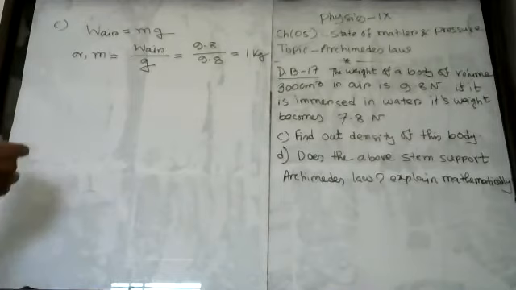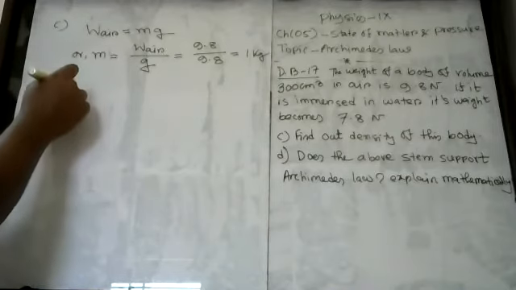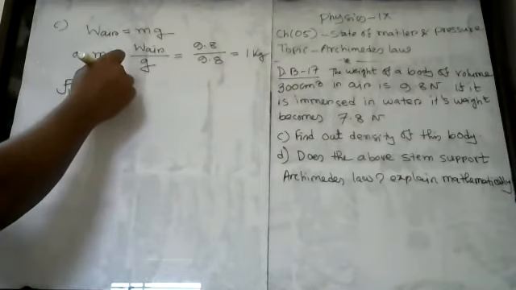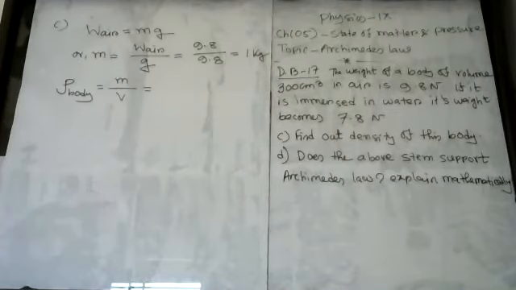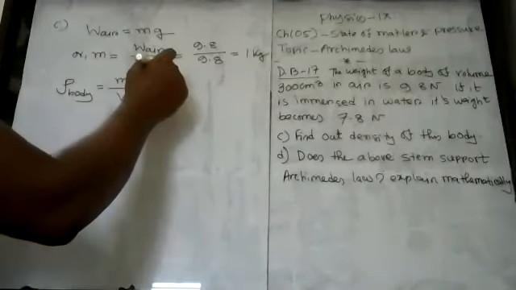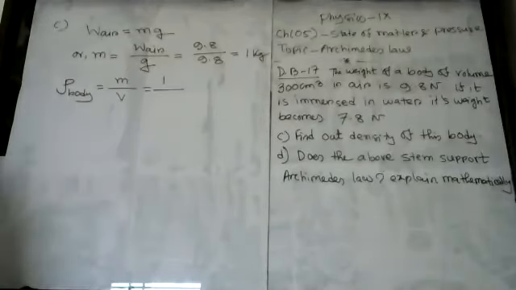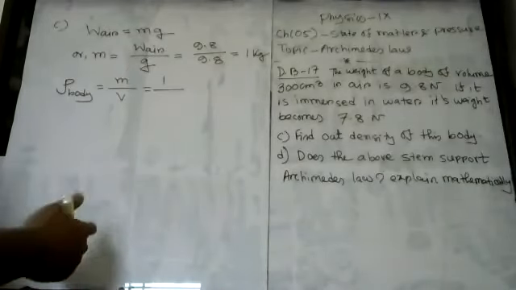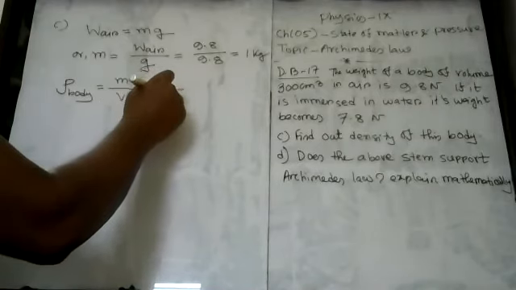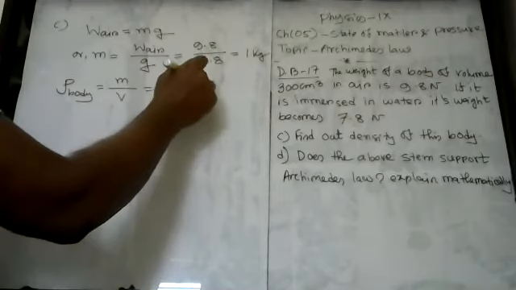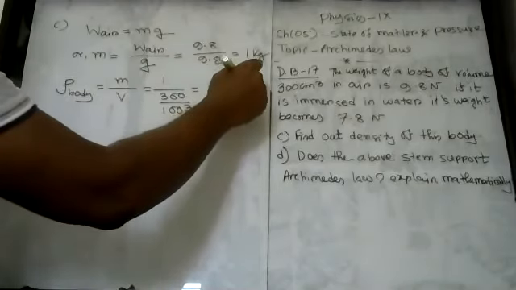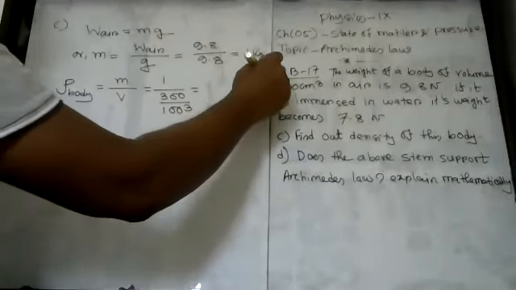Now, my dear students, the density of the body. Density equals mass per unit volume. The given mass is 1 kg, and the volume is 300 centimeter cube, divided by 100 cube, which gives something in kg per meter cube.